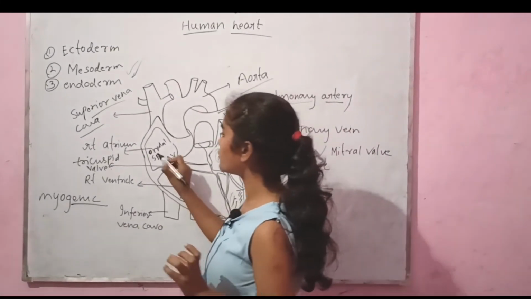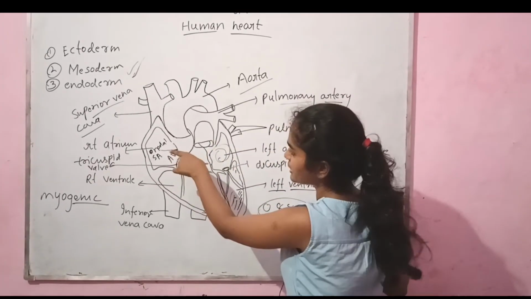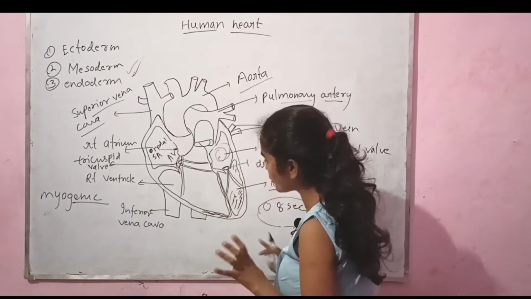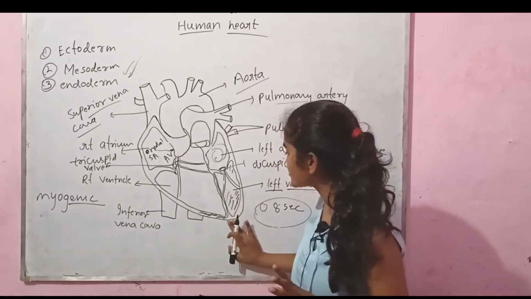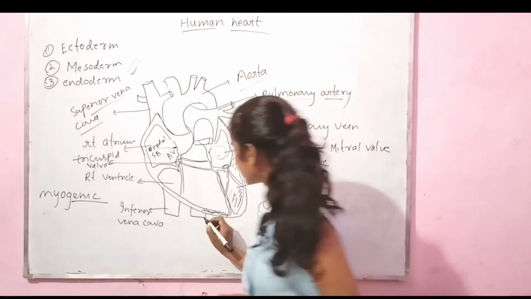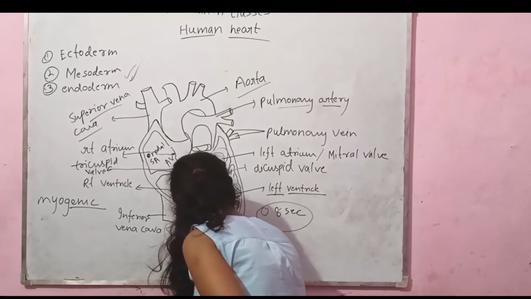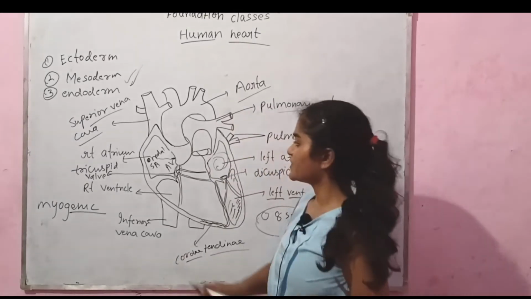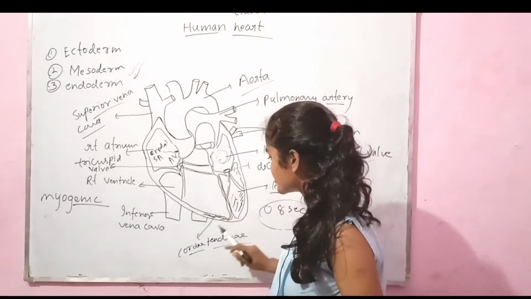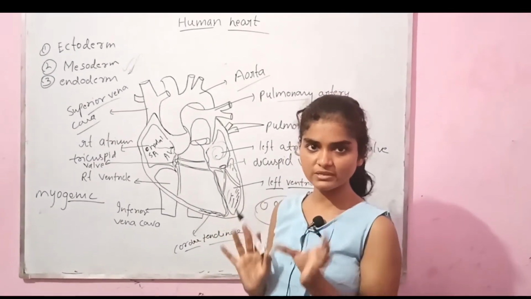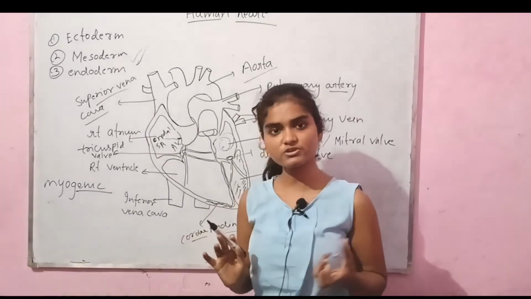The impulse originates from the SA node, travels to the AV node, then the bundle of His, which divides into 2 branches, and then into the Purkinje fibres. This impulse helps the ventricle to contract, through which the heart contracts and regulates its own function.